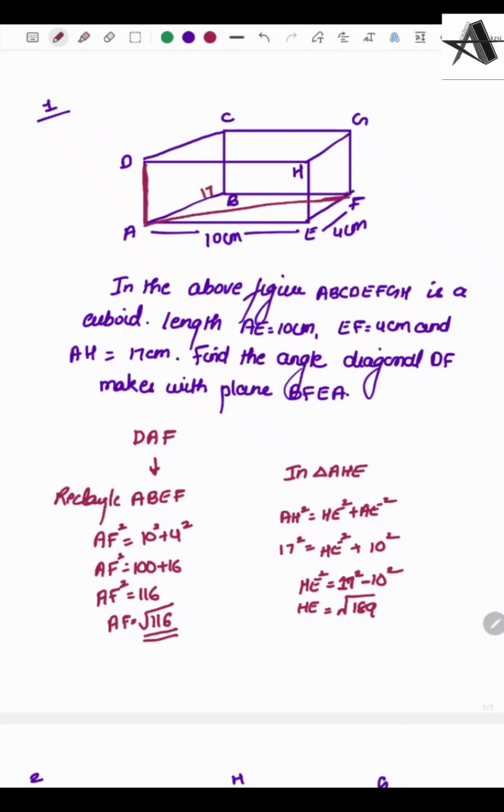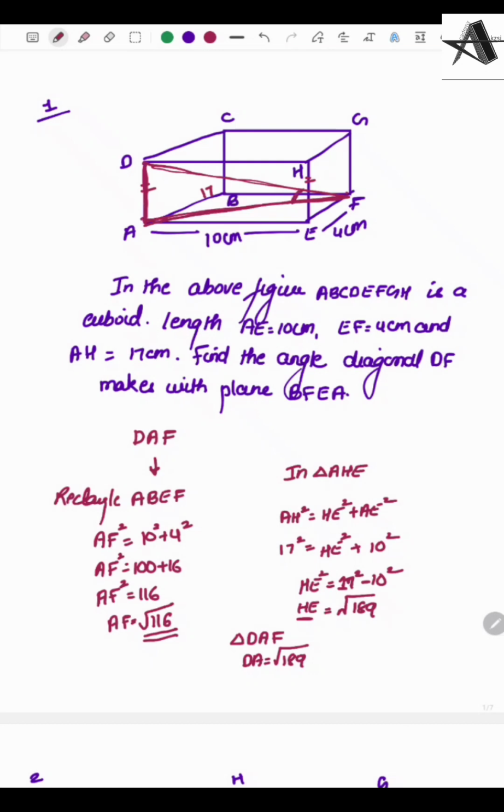Coming back to the triangle we selected, DAF, what two sides do I have? Now DA I have, which is root 189. Why is DA equal to HE? Because they are opposite sides, so obviously they are equal to each other in a rectangle. And AF, this one.